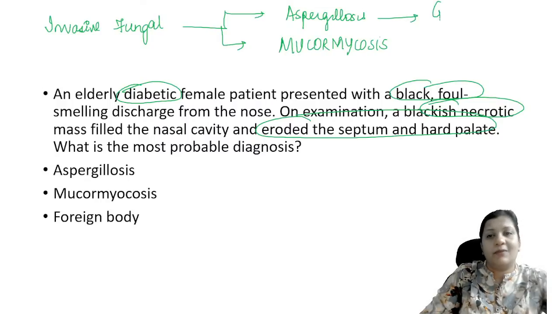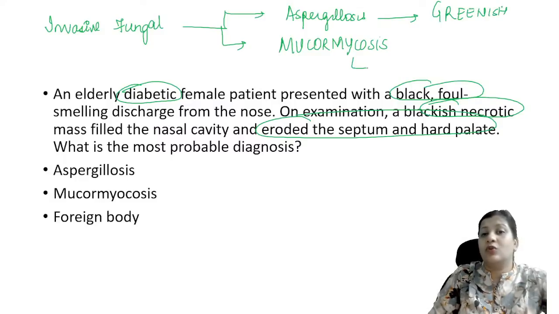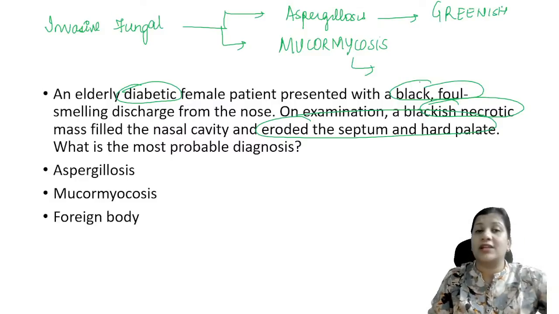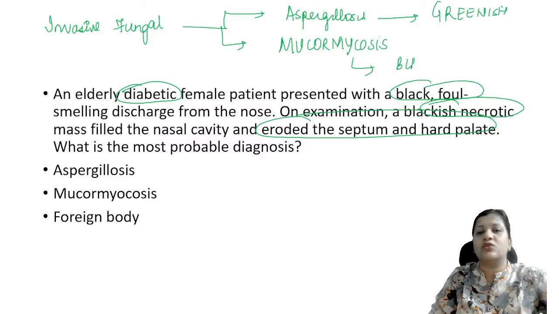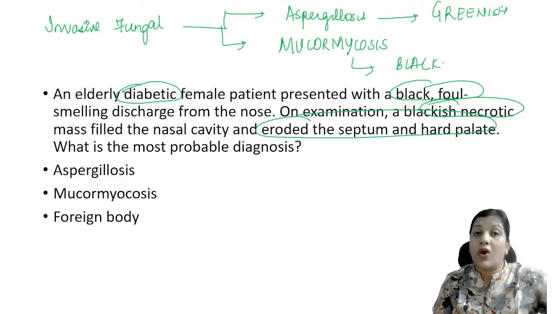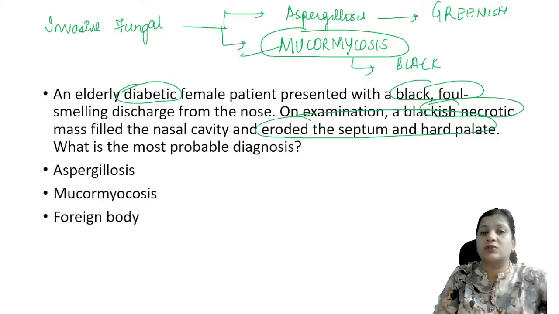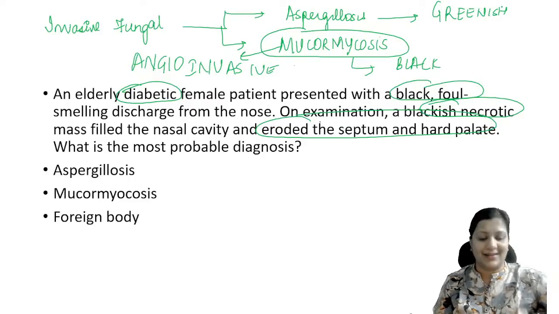Aspergillosis will typically present with greenish crust, not blackish crust. Whereas mucormycosis is a rapidly progressive fatal infection presenting with a blackish mass, because mucor is angio-invasive. Since it is angio-invasive, it is known to invade the blood vessels and cause this blackish discoloration and crust.